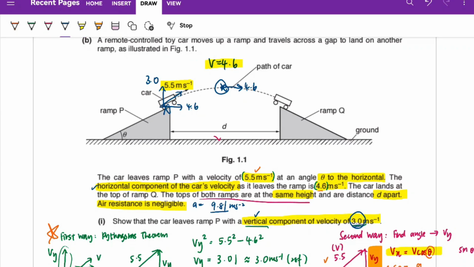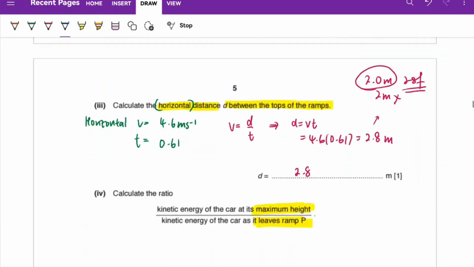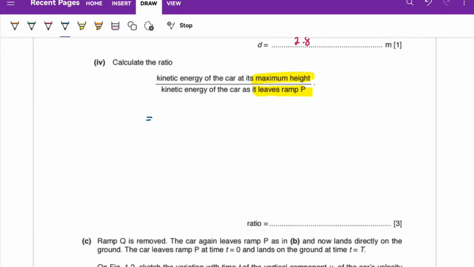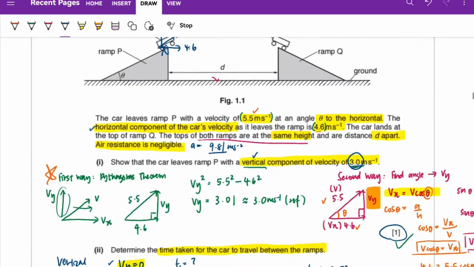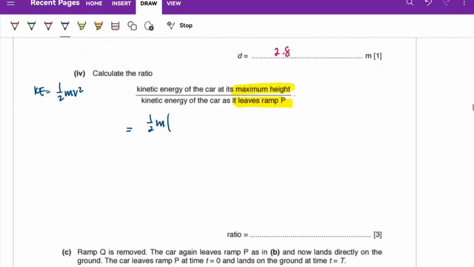Okay, so we know our velocity at these 2 points. Let's calculate it. At the maximum height, it is 1 over 2 m, because kinetic energy has a formula 1 over 2 mv squared, right? They didn't give the mass of it, but I think we will be able to cancel it out later.